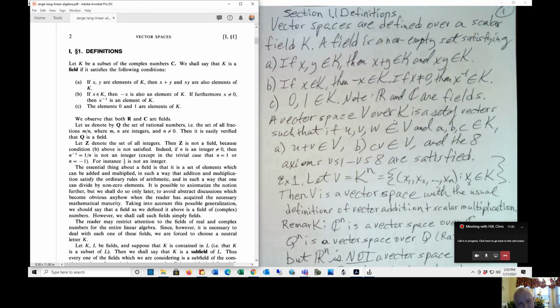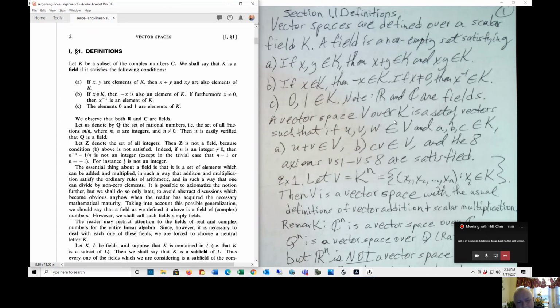But here's the general definition of a field, with K being a subset of the complex numbers. We say that K is a field if it satisfies the following 3 axioms.